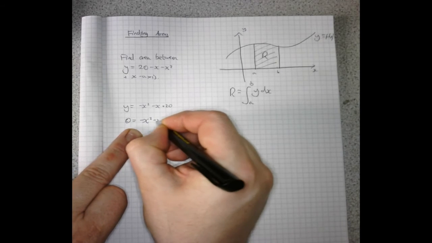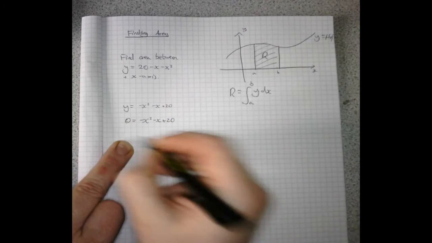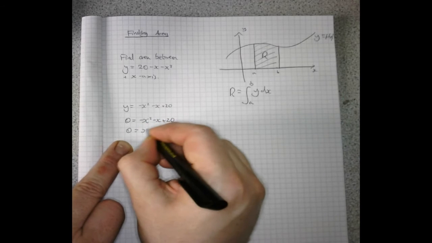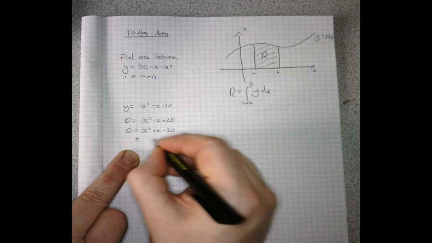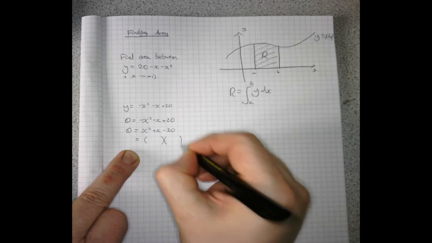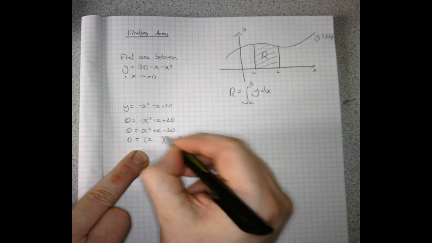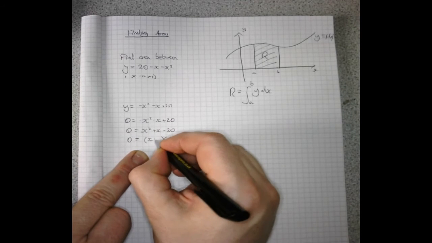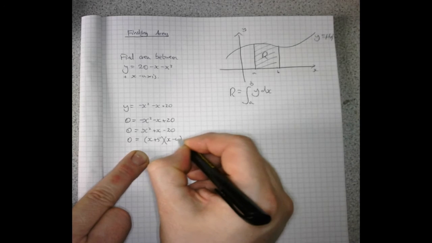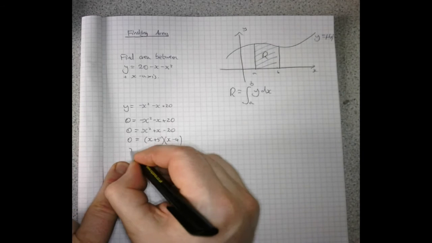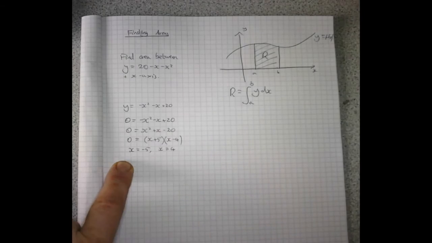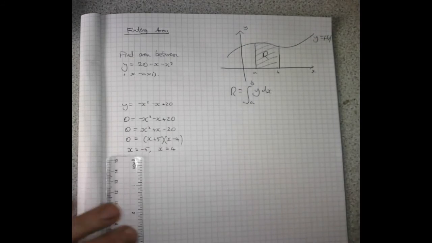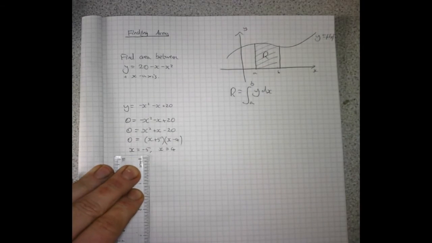So if I set it to 0, this isn't new, we've seen this before, solve this quadratic. This factorises nicely, plus 5 and minus 4. So I can see that my roots are minus 5 and 4. Good, that enables me to sketch it.